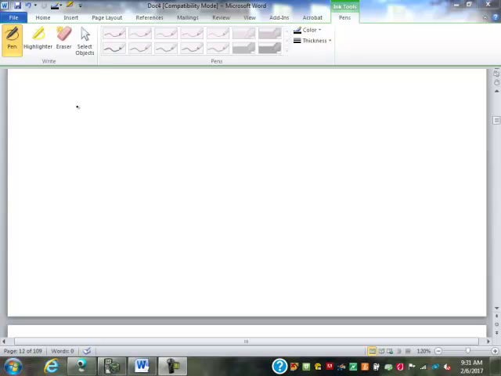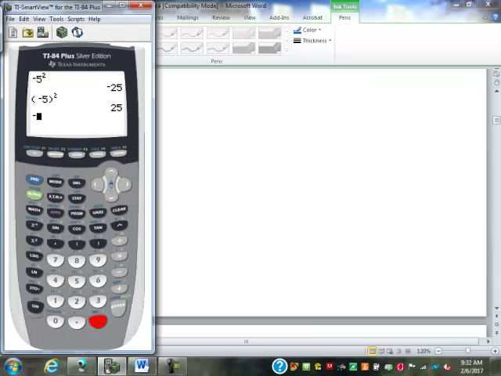Okay, so we ran into this last hour where we had things like (-7)². And I put it in parentheses because one, it helps me keep that -7 separated. Two, it makes sure the calculator knows what we're talking about. As we saw, if I put that in the calculator as just -7 squared, it's going to try to tell me it's -49.